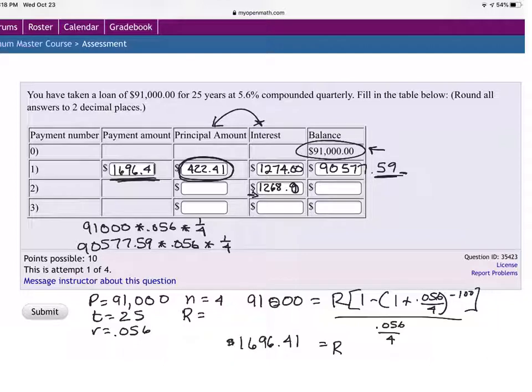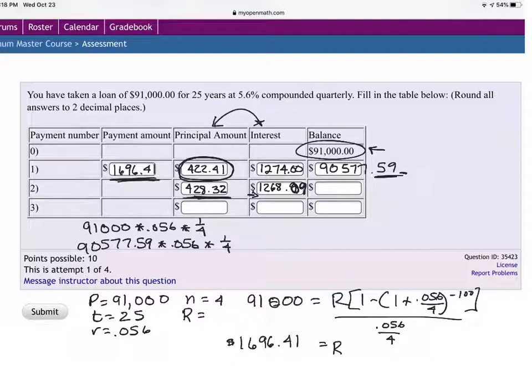Oops, that would be 90, wouldn't it? 9 cents. Okay, so I'm going to subtract that from my quarterly payment, and I get $428.32.